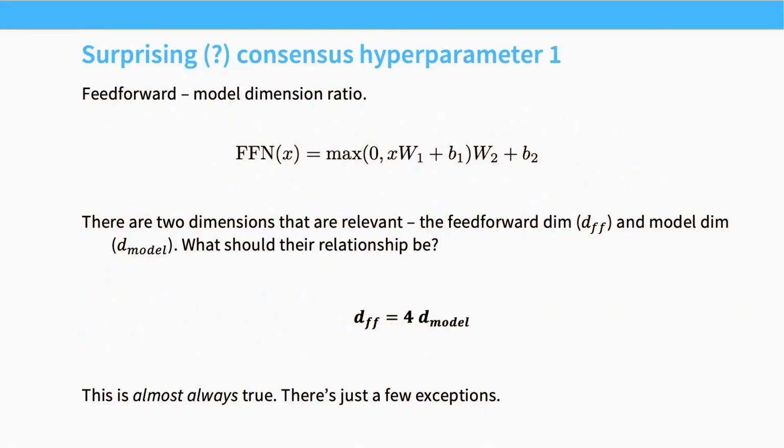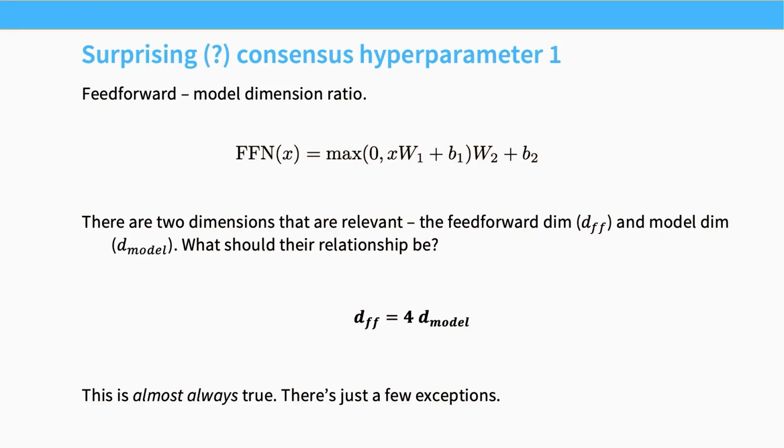One of the things that's a real consensus hyperparameter is the ratio between the feed-forward size, which is kind of the output of your first matrix multiply in an MLP, and the model dimension, right? So this is really the ratio of the two dimensions of your W1 and your W2 matrix. This seems like a thing that's very important and controls the richness of your MLPs.